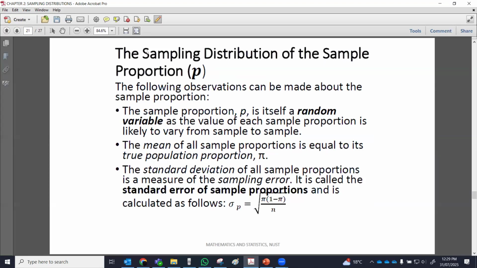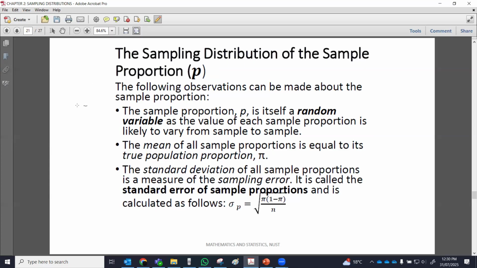Now, this one is similar to what we did with our mean. What we should take away from here is that the sample proportion is also a random variable. If you remember what we did when we were talking about the mean, if I have a population and then I collect different samples, and for each of those samples I calculate their individual means, then you will see that I have a random variable of means. The same thing is true over here.